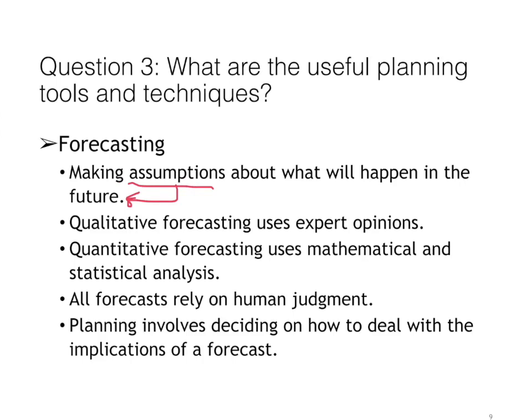We have two types of forecasting, qualitative and quantitative. Qualitative uses expert opinion. Quantitative uses mathematical and statistical analysis, so we need the data here.